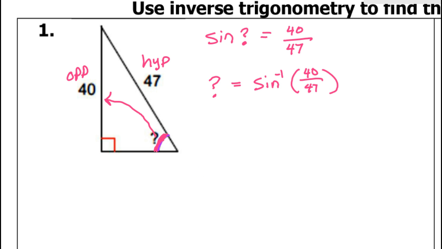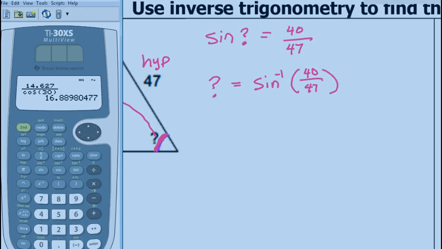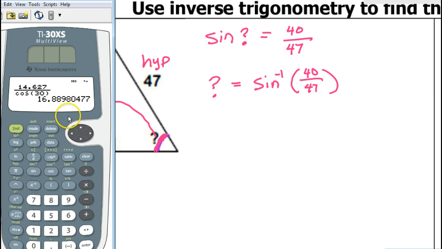So you can just put this in your calculator. Inverse trig functions are above the button, so I will hit second sine, and then I can do 40 over 47.